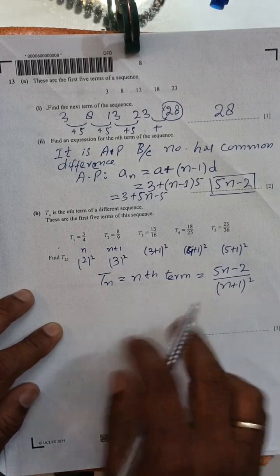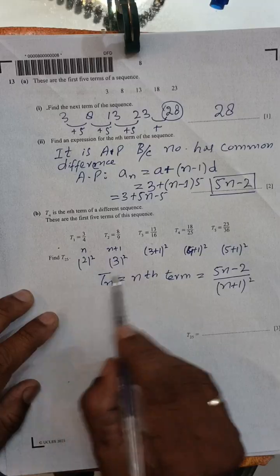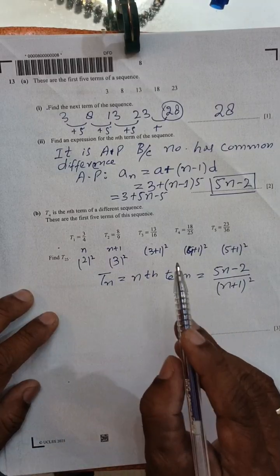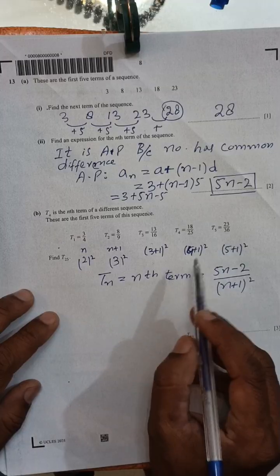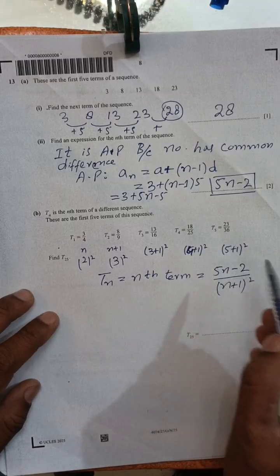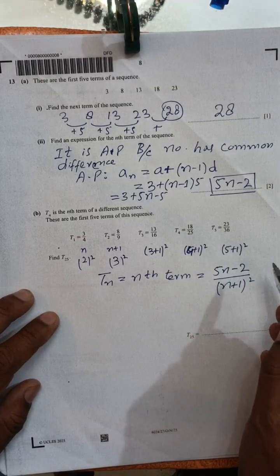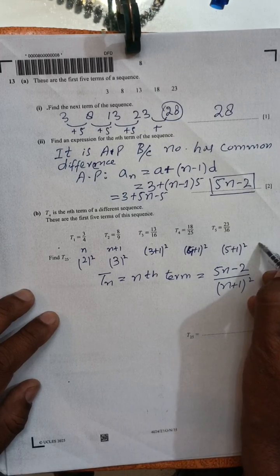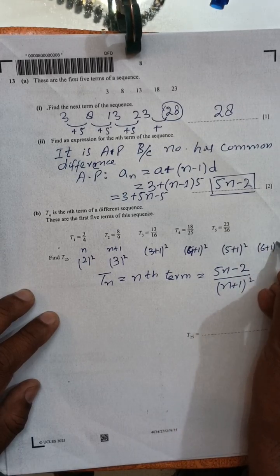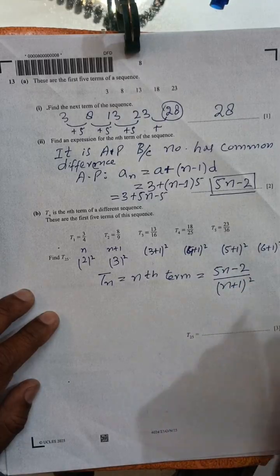Okay, n plus 1 square: 2 square, 3 square. Similarly 5 plus 1 square, and next will be 6 plus 1 square. Again, that will be 6 plus 1 square, and so on.